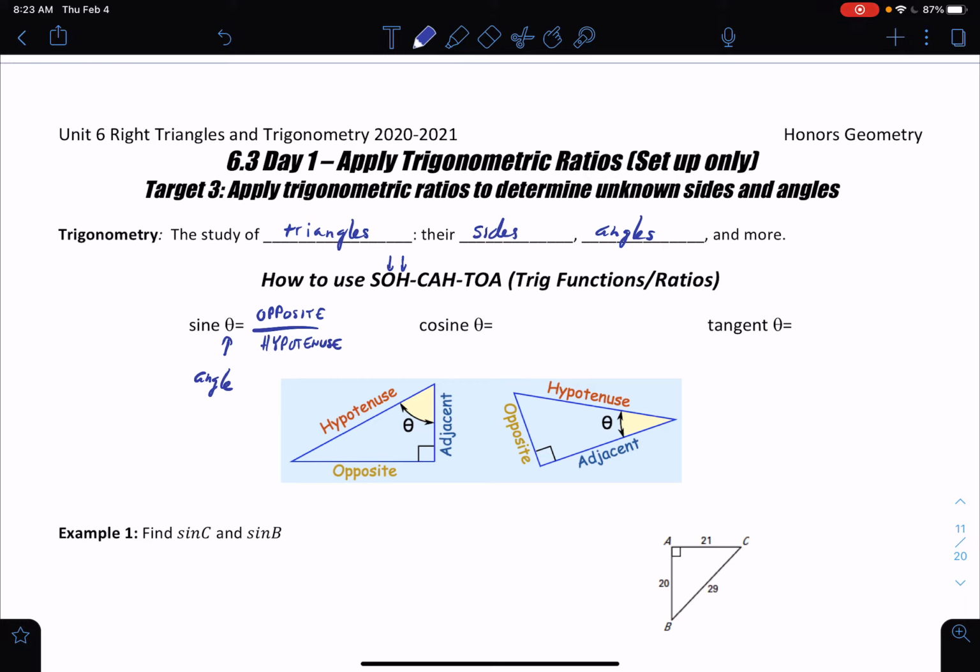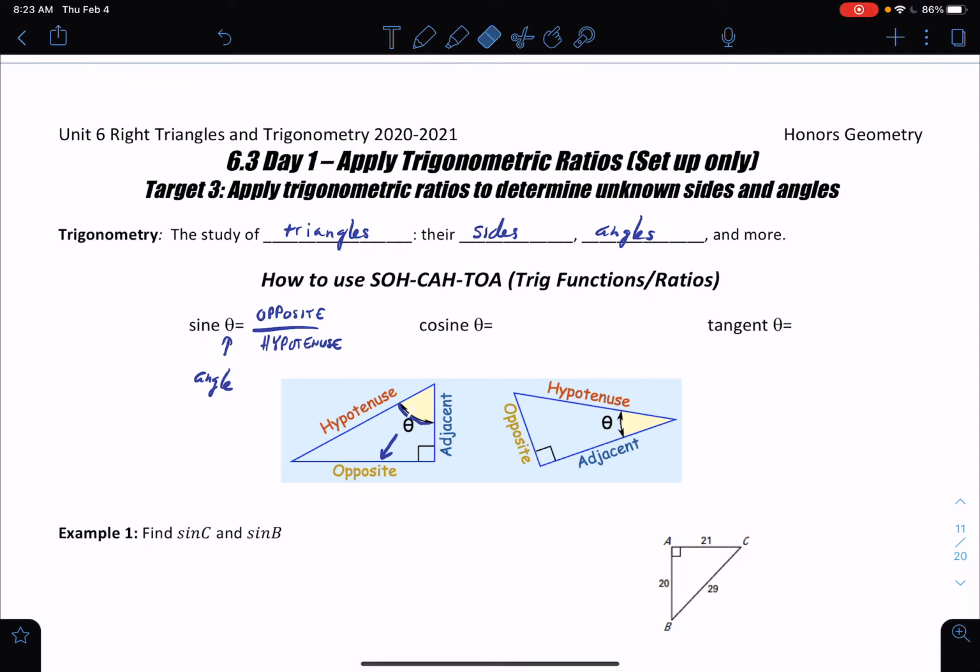Sine is opposite over hypotenuse. So what that means is once you identify your theta, sine of theta is going to be this opposite side length over the hypotenuse. Now remember, the hypotenuse is always going to be across or opposite of the 90-degree angle.